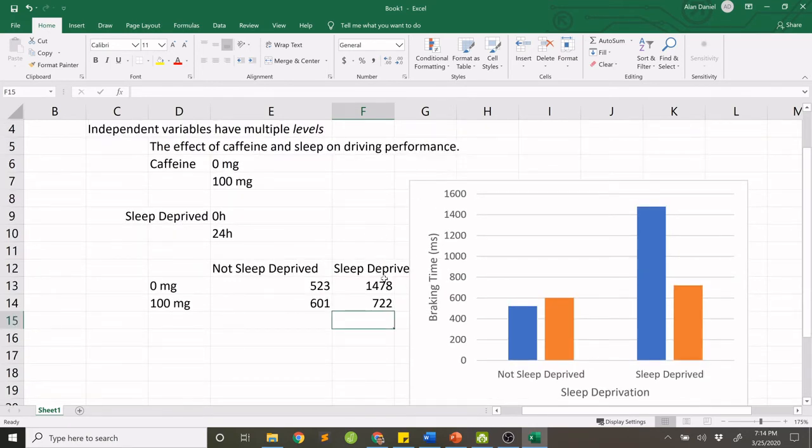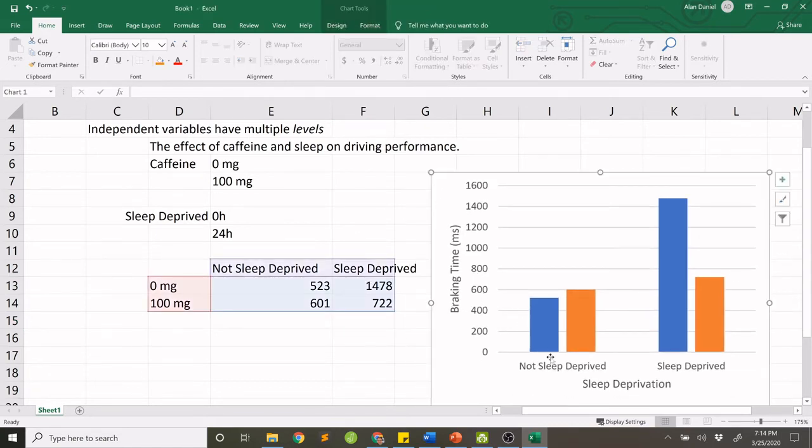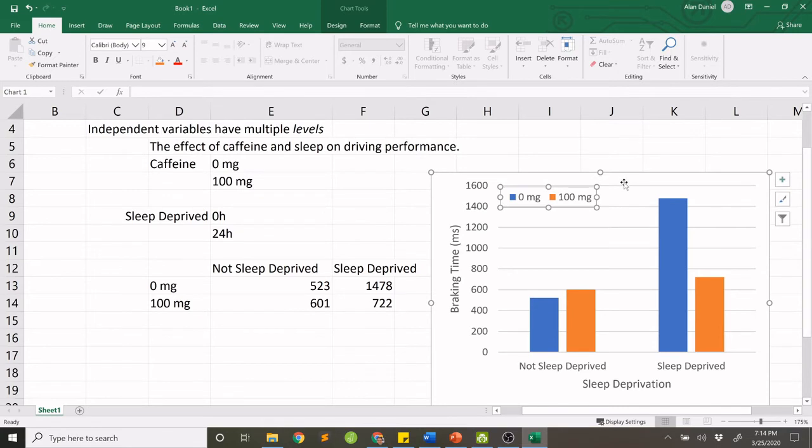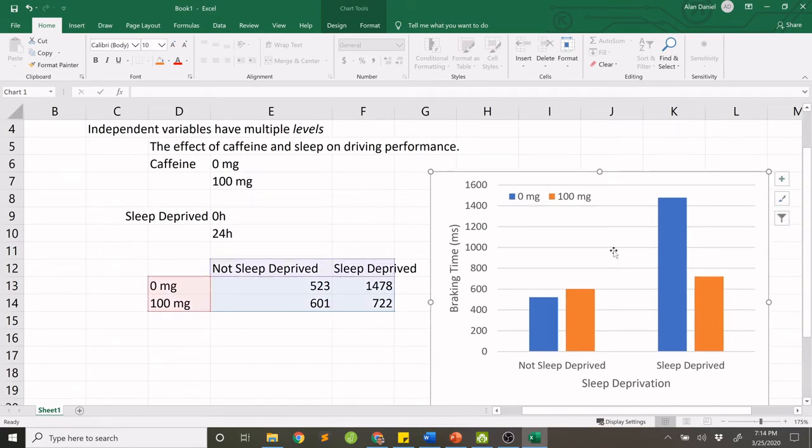So now, if we look at this, you'll notice that caffeine by itself, so ignore the deprivation, just look at the groups that got caffeine. The orange bars are the groups that got caffeine, and the blue bars are the groups that didn't.